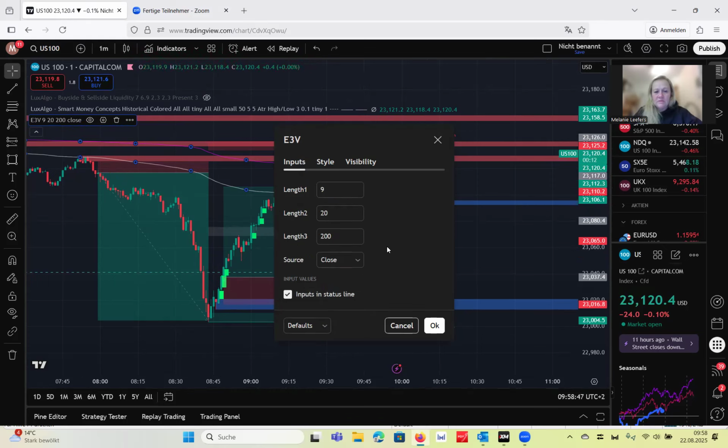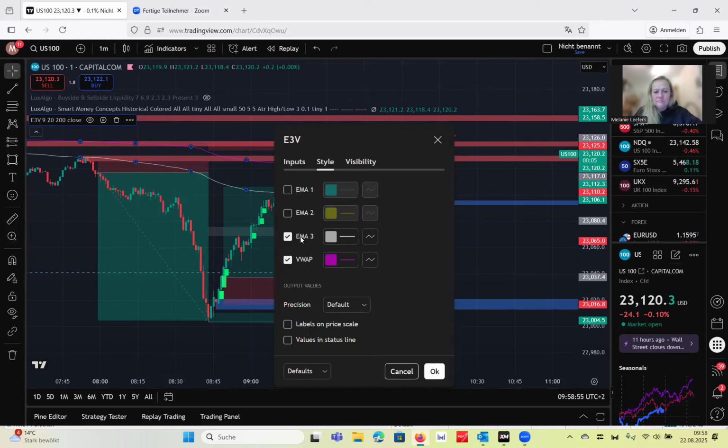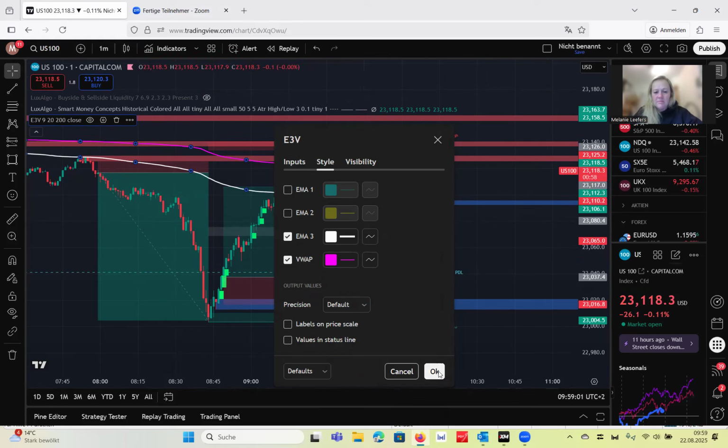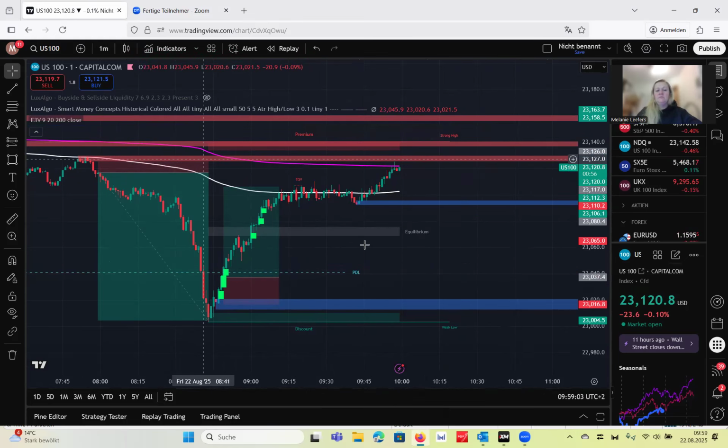Well, you can also choose any other lengths. This is the 200, this is the VWAP. So I only sometimes use the 200 EMA, but that doesn't make any sense with the strategy.